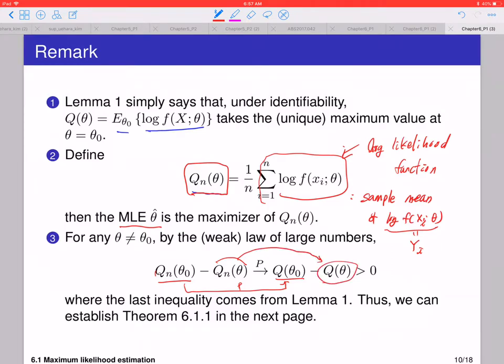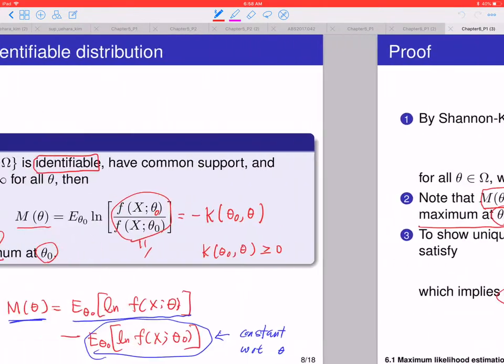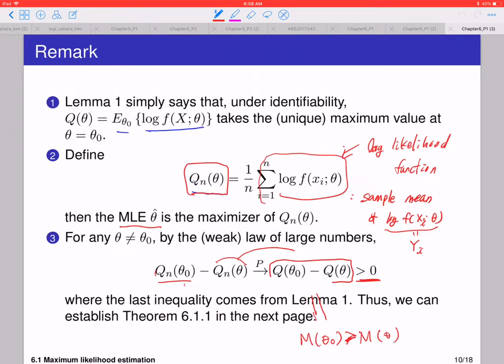And then you can see that the limit term, this guy, is positive because we just said that this is m zeta 0 minus m zeta, which is what we already saw in the previous lemma.